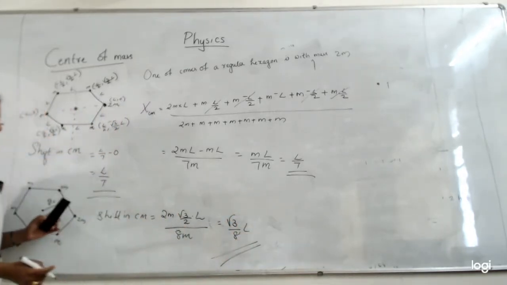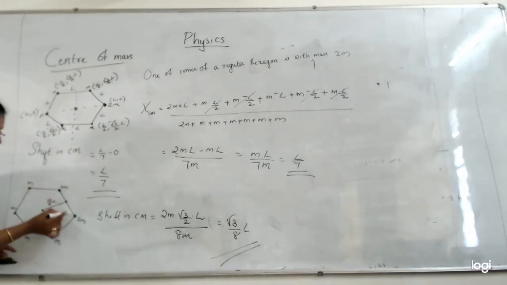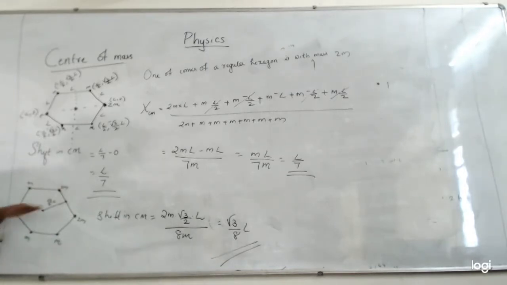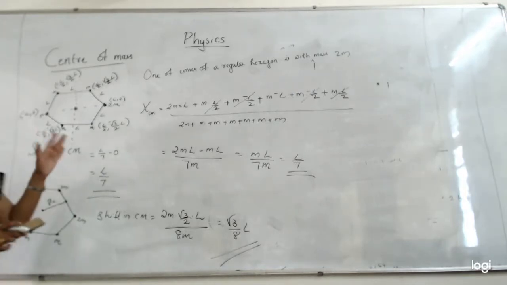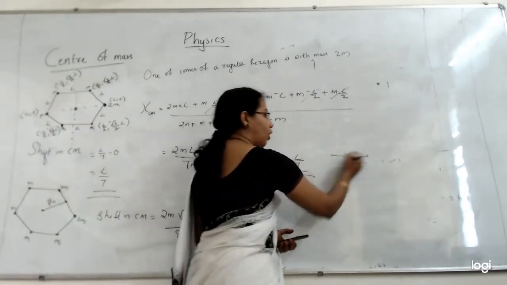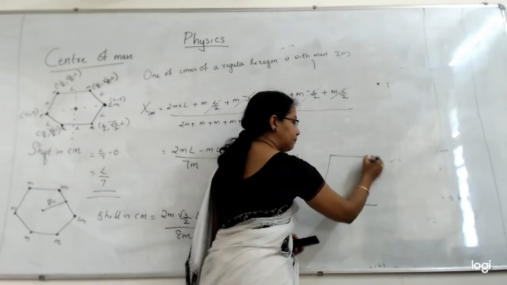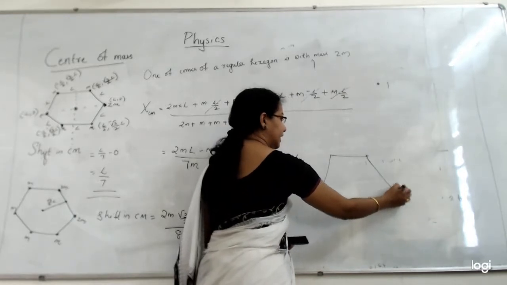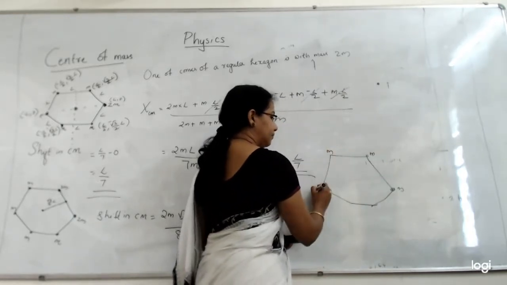This is the shift in which the adjacent two places we are doubling the masses. So in total we are taking these two questions. In the initial case, we are taking the regular hexagon and all the corners are placed with the same masses, m, m, m, m.